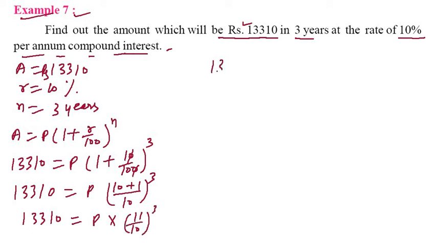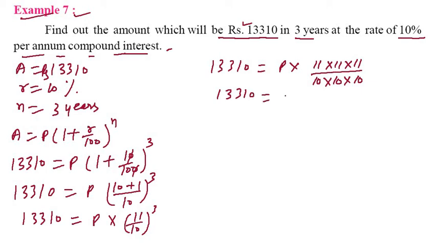So 13310 will be equal to P into 11 into 11 into 11 upon 10 into 10 into 10. Now come to this one. Here 13310 will be equal to P into, multiplying this, we get 1331 upon 1000.